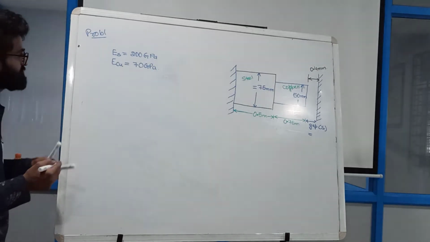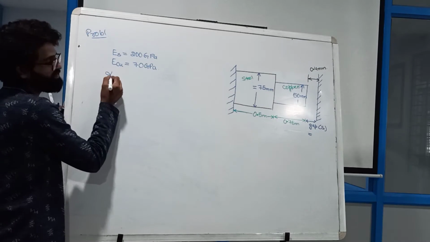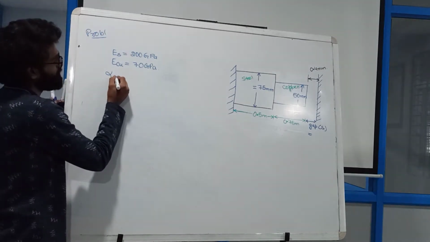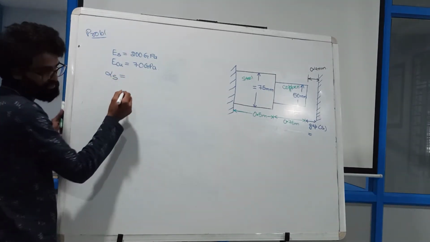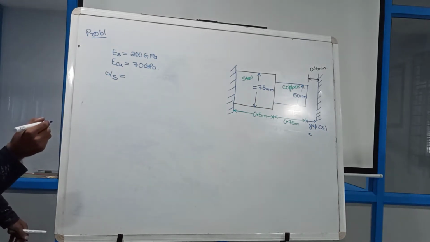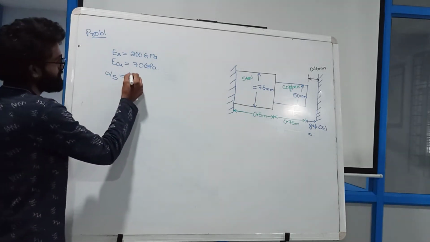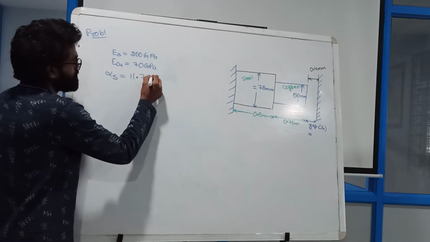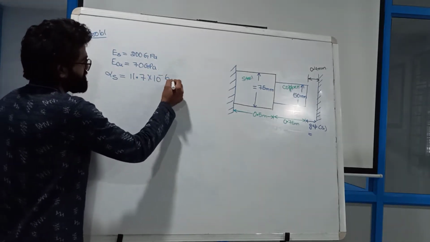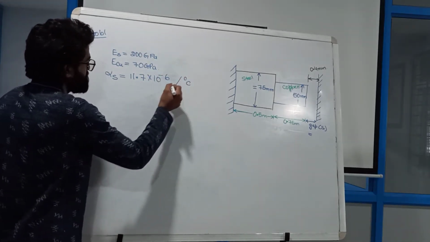Yes, 70 GPa. Now they have given us the thermal coefficient as well. So thermal coefficient for steel they have given 11.17 into 10 raised to power minus 6, and all of you know the unit is per degree centigrade.